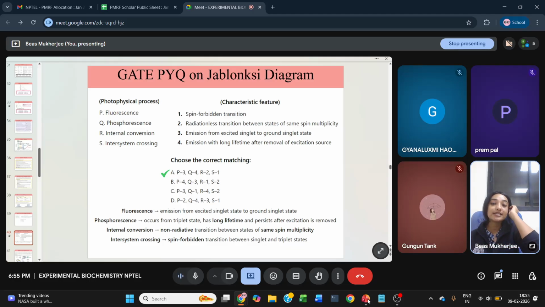Then there is internal conversion. Internal conversion is once again non-radiative, so it is a radiation-less transition between the same spin multiplicity. If it is same spin multiplicity, then it is not phosphorescent, right? And intersystem crossing involves crossing of the state. So internal conversion is between same spin multiplicity, and intersystem crossing is a spin forbidden transition between singlet and triplet states.